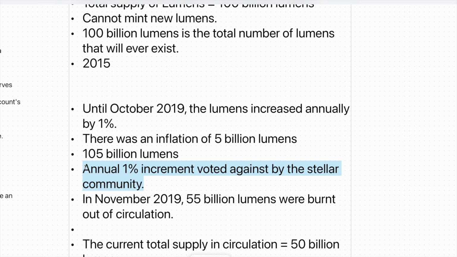After voting against that, in November of 2019, the overall lumen supply was reduced. The reason it was reduced was because there was already inflation up to that point.